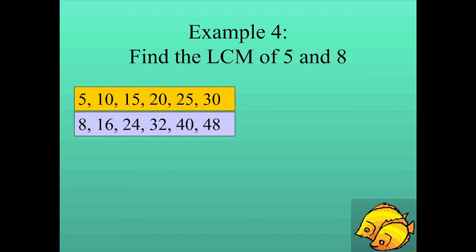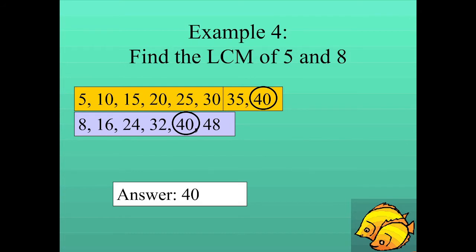I'm going to continue the multiples of 5 up to 35 and 40 so that I can see the least common multiple, which is the number 40. And that is the LCM for this example. I heard someone say 40. That's totally right. The LCM is 40.